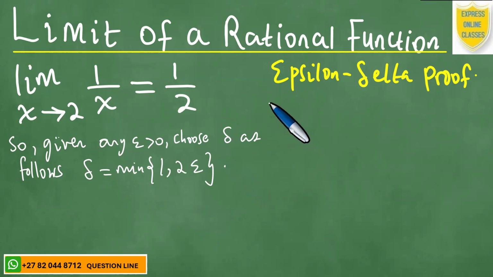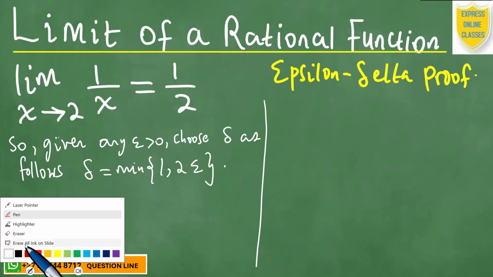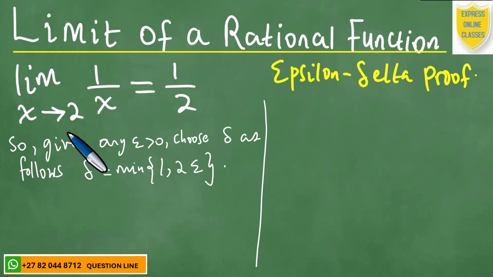And so now what is the meaning of this? Given epsilon positive, choose delta as follows. Then we have the following.